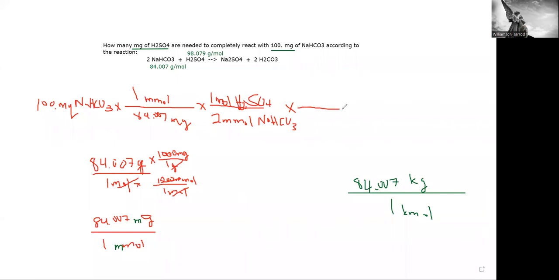And then here, this is millimoles. 1 millimole of sulfuric acid weighs 98.079 milligrams of sulfuric acid.